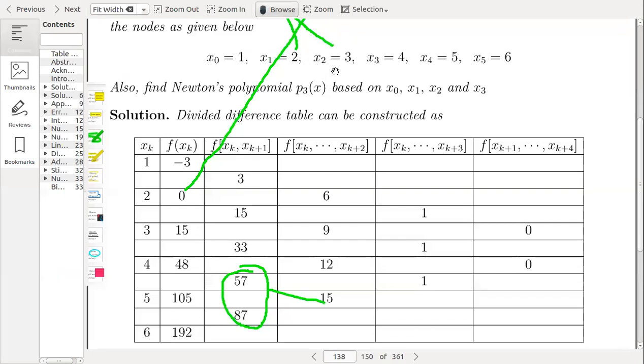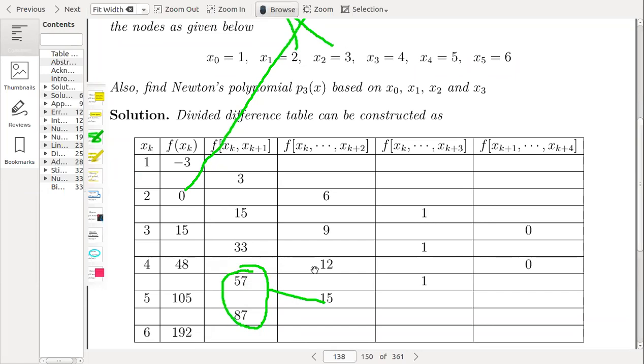Because the denominator is the difference between the first and the last, so 3 minus 1. Similarly, the next is for the points x1, x2, and x3. Again 4 minus 2, the denominator is 2. Here we subtract 33 from 57. We get 7 minus 3 is 4, 5 minus 3 is 2, so 24.